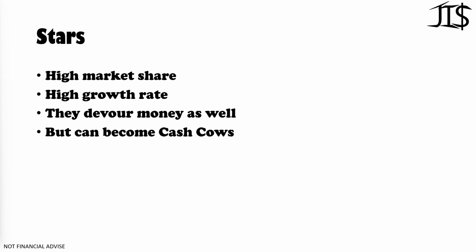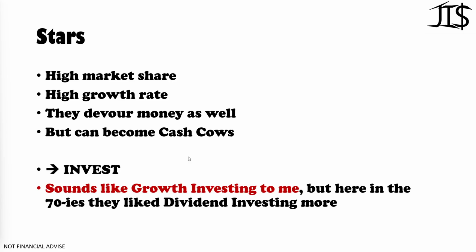But they can become cash cows, and I think this last sentence is more a case of the fact that it was in the 1970s and they liked dividend investing more. So they advised companies to invest into those stars so that those stars could become a cash cow later on for the company. And for me, investing into stars sounds like growth investing.